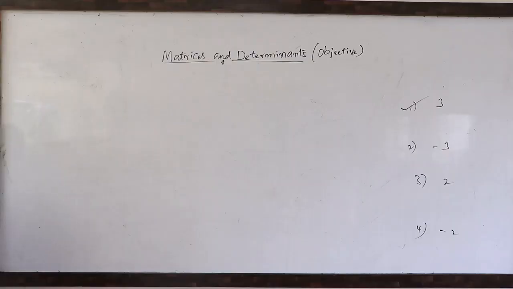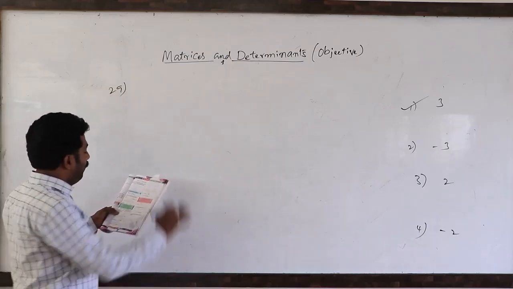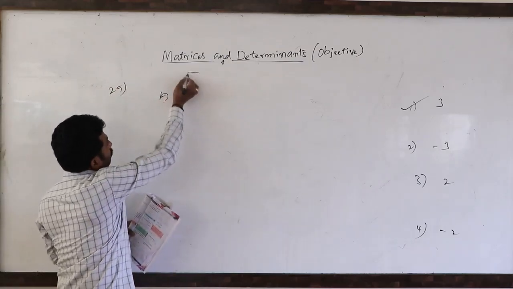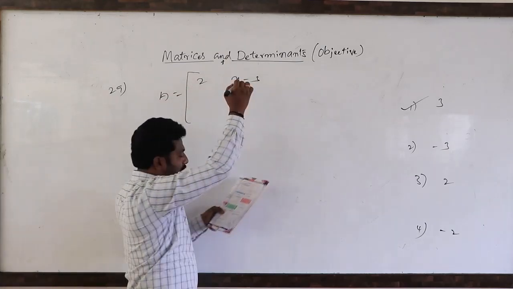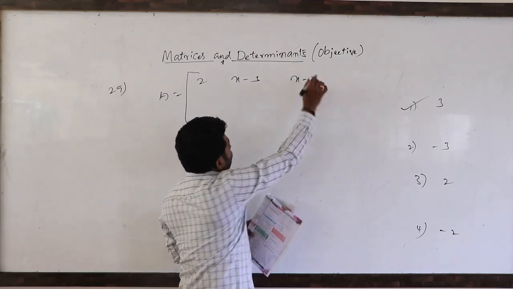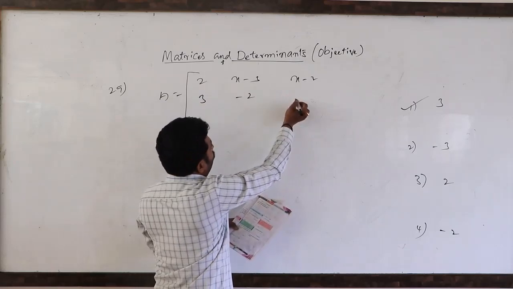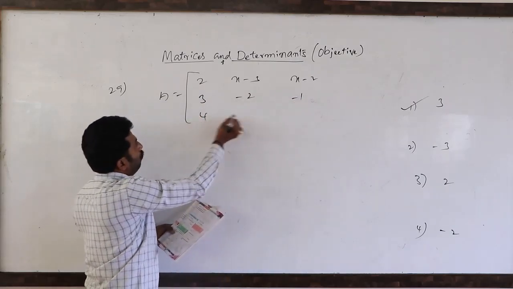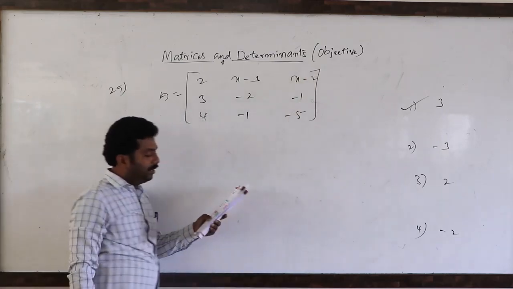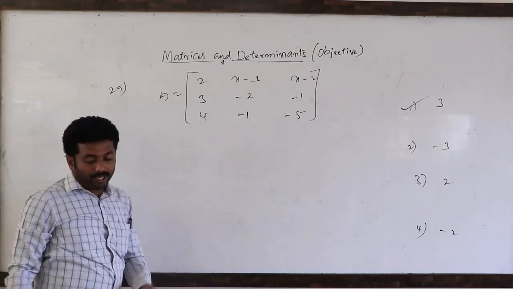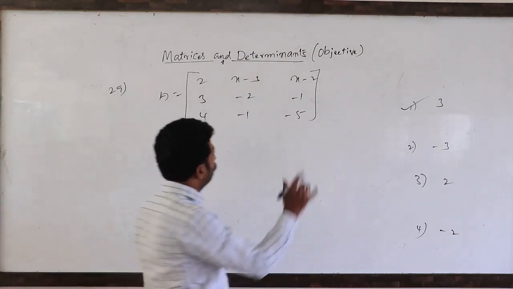Next, 29. If A equal to the square matrix 2, x minus 3, x minus 2, 3, minus 2, minus 1, 4, minus 1, minus 5, and this is a symmetric matrix, then what is the x value?